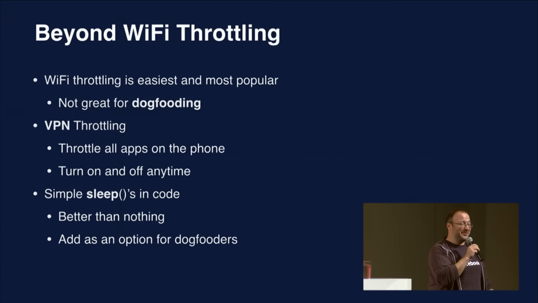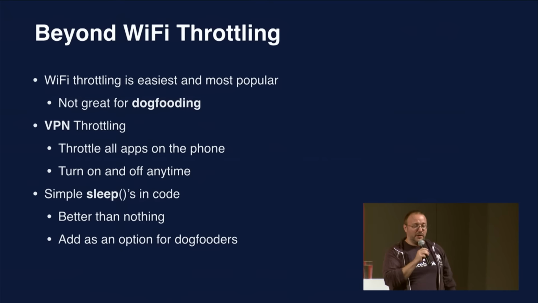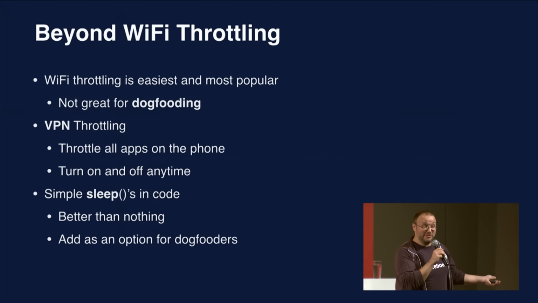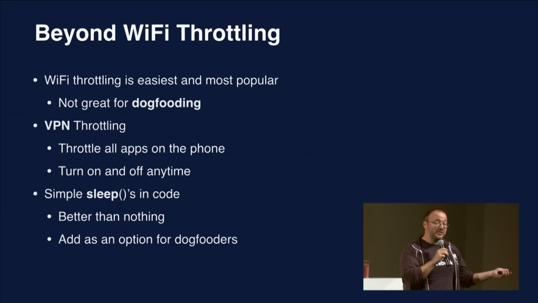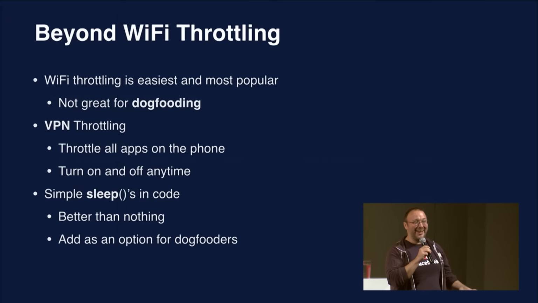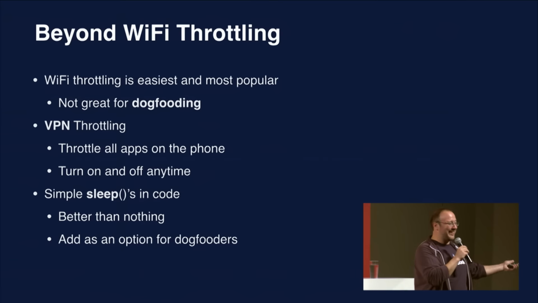Just have it parameterizable so you can change it. Another simple way, for example to demonstrate what intermittency might look like, is to just fail network calls. You're not going to get the entire richness of how networks work and how many ways they can fail, but it'll give you a basic idea of what happens when a network call starts failing randomly and how the app can handle this.